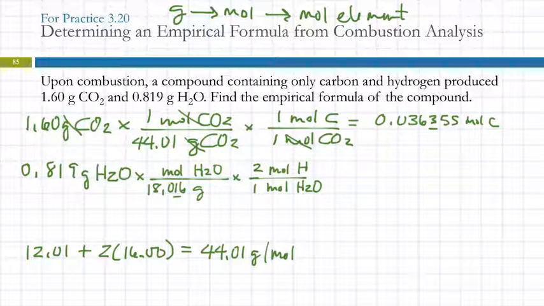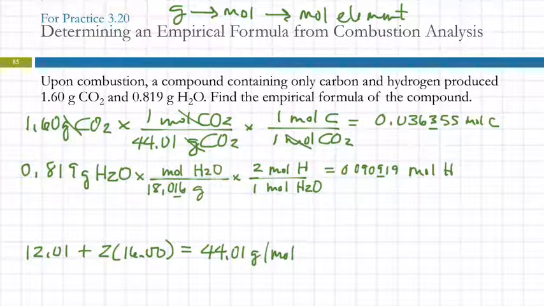H2O. So 0.819 divided by 18.016 times 2. So this gives me 0.090919 moles of hydrogen. Those are much smaller numbers than we had before, but that's fine.